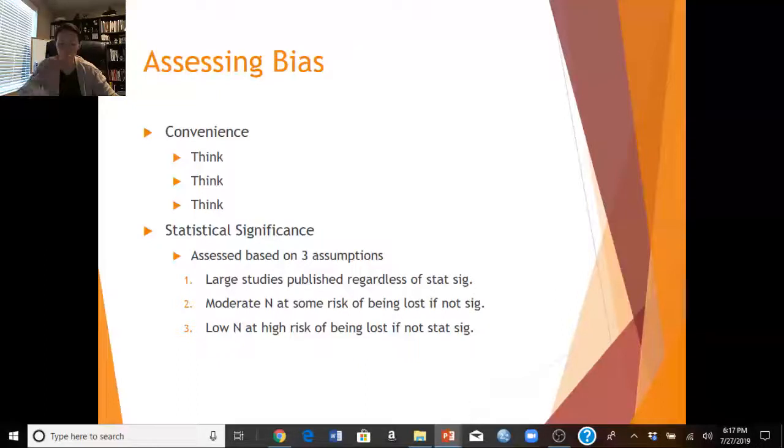Did you only look at studies published in English? Do you have a reason to believe that there could be studies published in another language that might have found something different than the overall results that you found that were mainly English-based? If so, you want to make sure that you state that as a limitation in your paper.